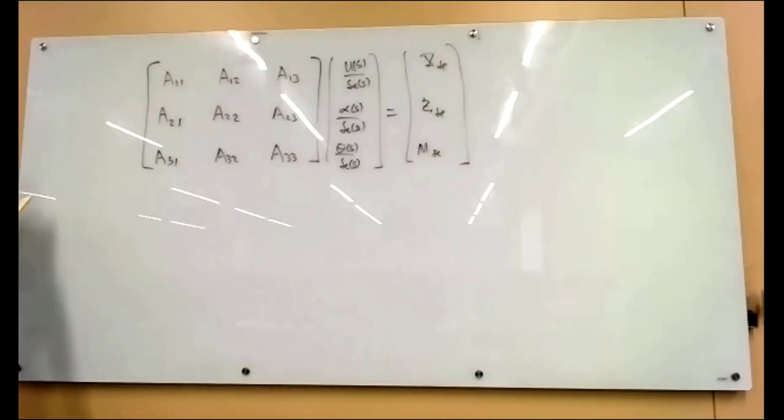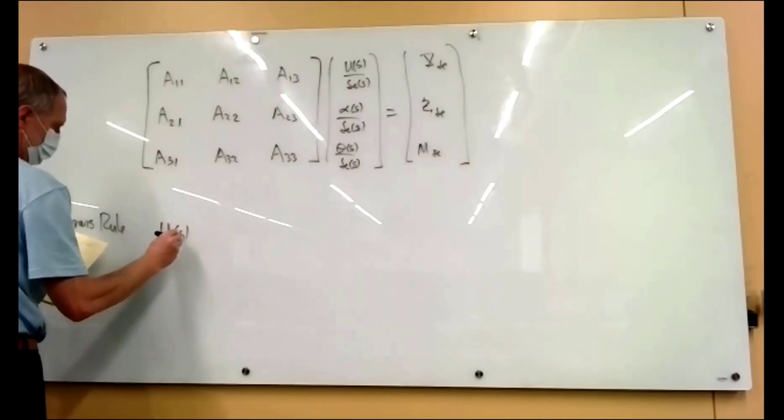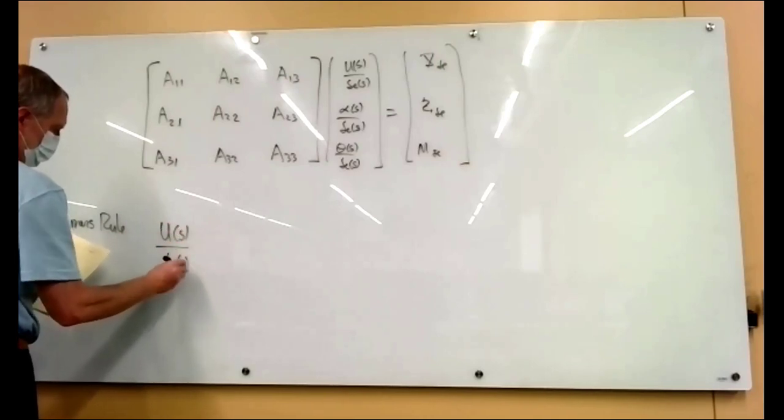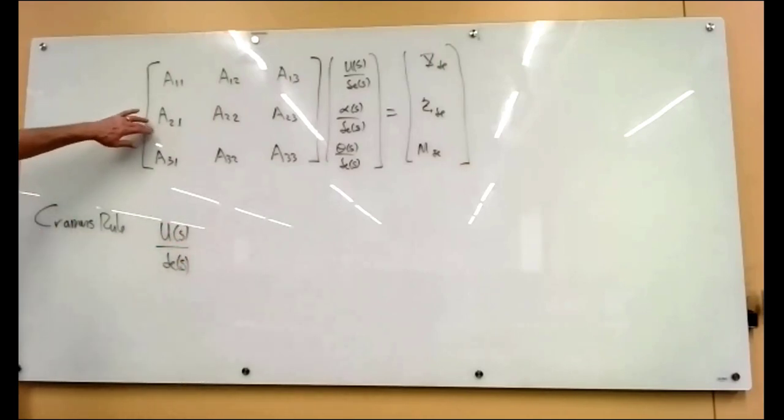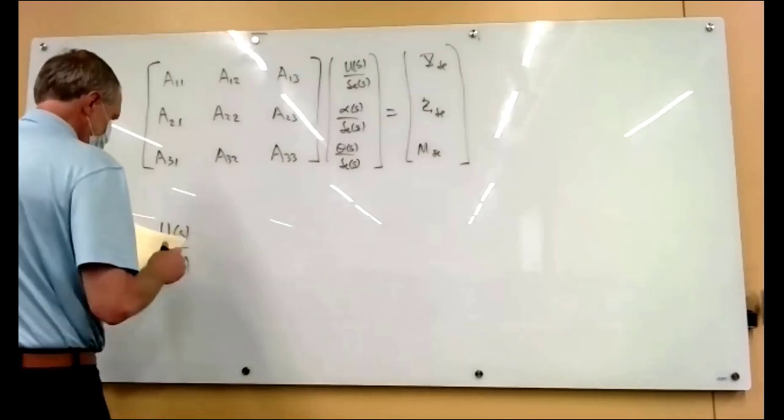And so if we use Cramer's rule to get the first unknown, and notice if you look at this matrix that you have on your handout, it's a polynomial in s, right? You see s's in different places and everything else is just numbers. So we're going to get polynomials here.